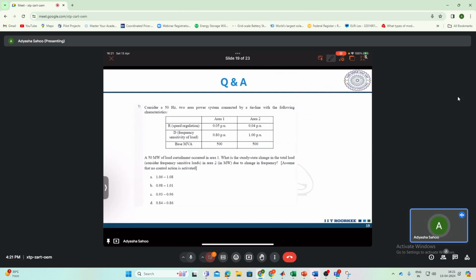Now the seventh question, it is asking the same question. It is now asking the change in load in area 2 due to this change in frequency. So delta PL2 is D2 times delta F steady state. D2 is 1 into 0.002136.